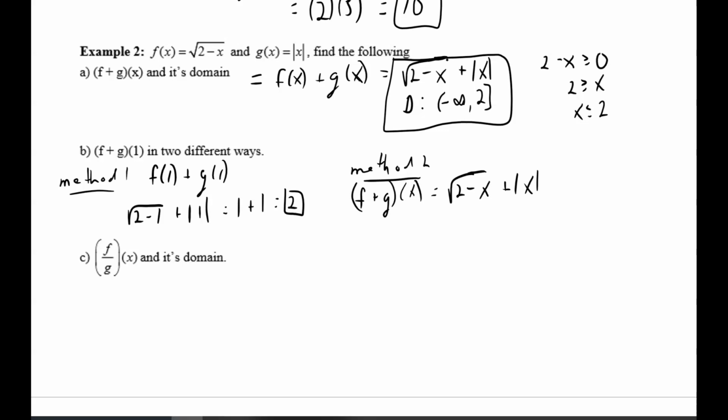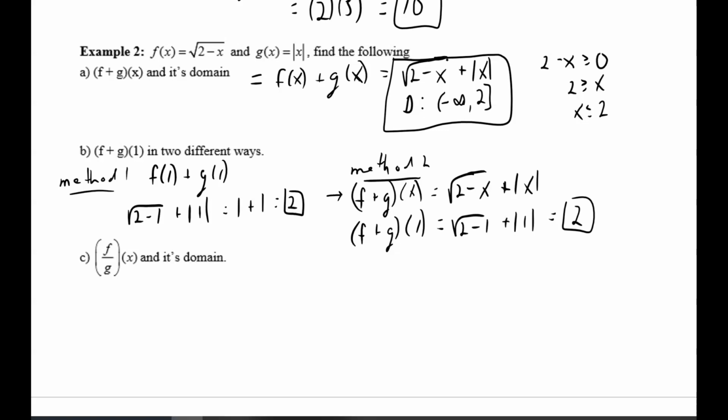So now that we have defined a function, we can write f plus g, that's the name of the function now, f plus g, of 1, which means we replace all of the x's in our function with 1. So we get the square root of 2 minus 1 plus the absolute value of 1, which is exactly what we did before. It's still 2. It's just looking at it from the perspective of understanding that you're actually finding a function.